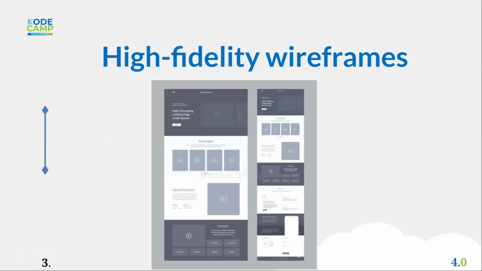High fidelity has more layouts than mid fidelity. Looking at this one, it's more popping, and you can see they have added a bit of popping color, even a colored button. So they are different stages, but all of them are wireframes, depending on how you want to represent your ideas to your stakeholders.